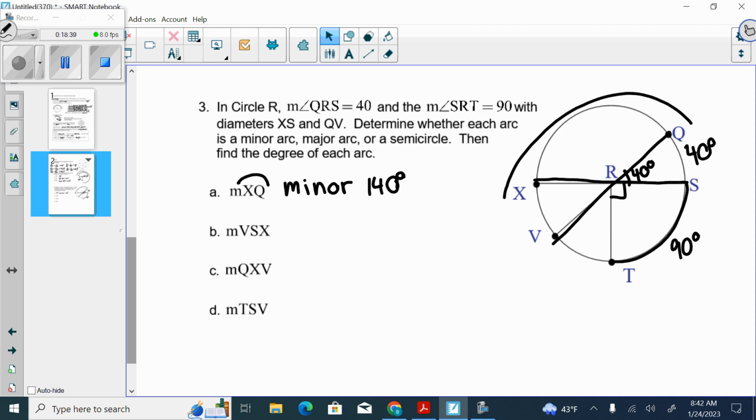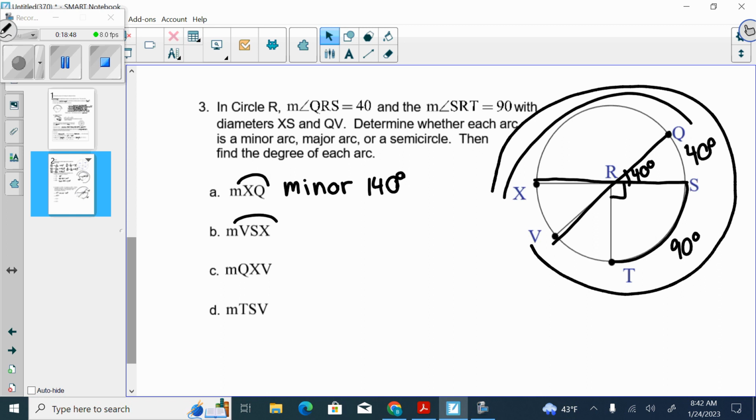Okay. Next, it asks us to find the measure of the arc VSX. Okay, so V to S to X. That means I'm going all the way around there. So VSX would be a major. Okay.